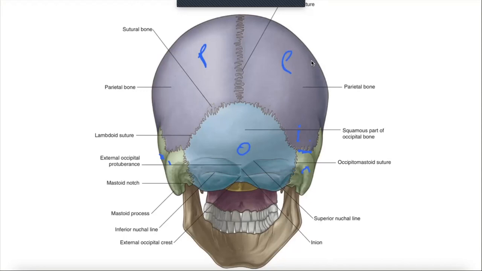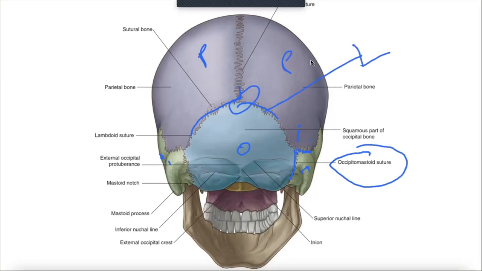And the suture between the occipital bone and the mastoid part of the temporal bone is called the occipito-mastoid suture, right? So this one is the lambdoid suture, lambda. So we have the lambdoid suture, parieto-mastoid suture, and occipito-mastoid suture. Those are the sutures and these are the bones.